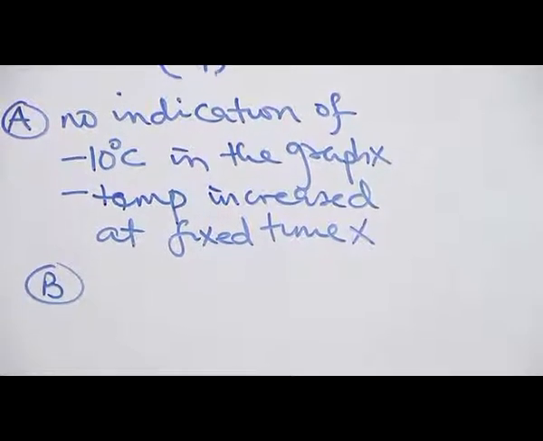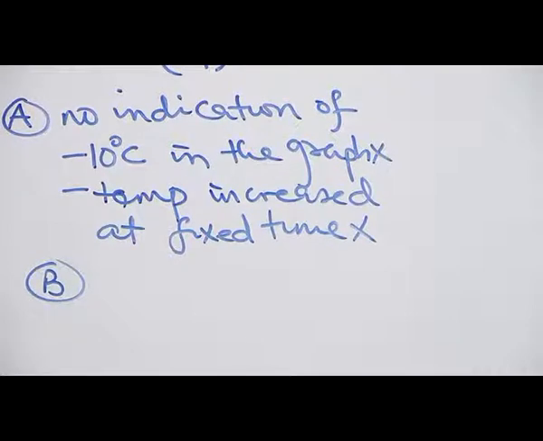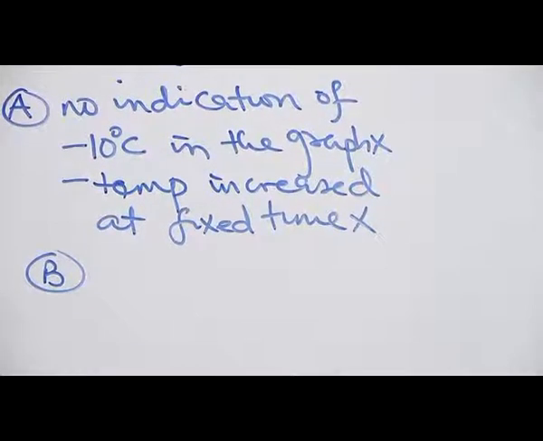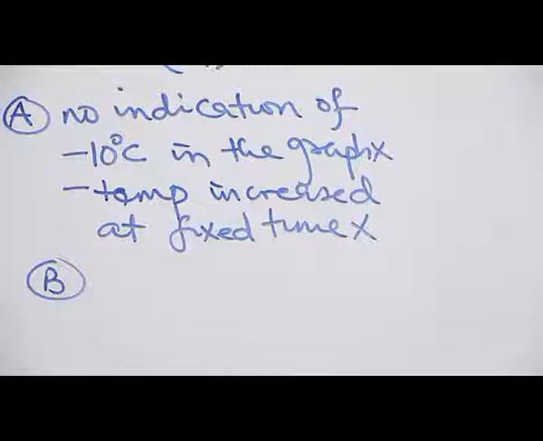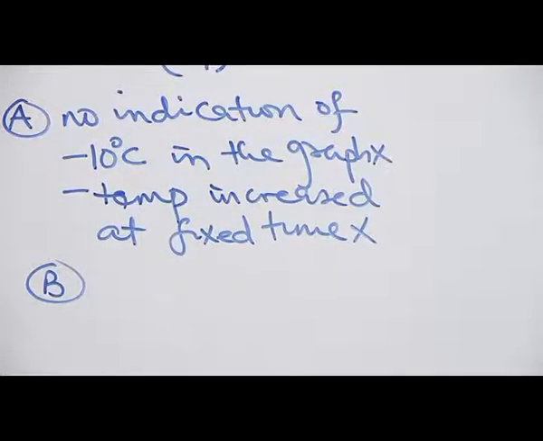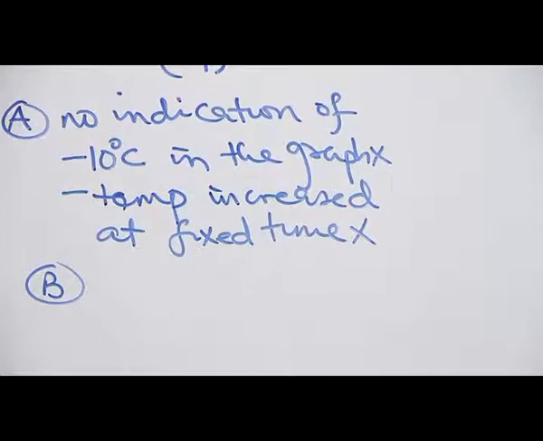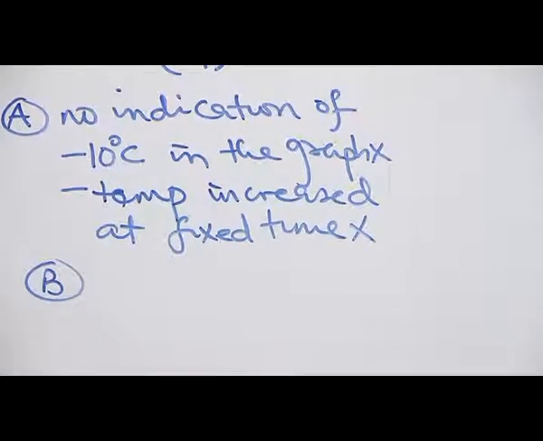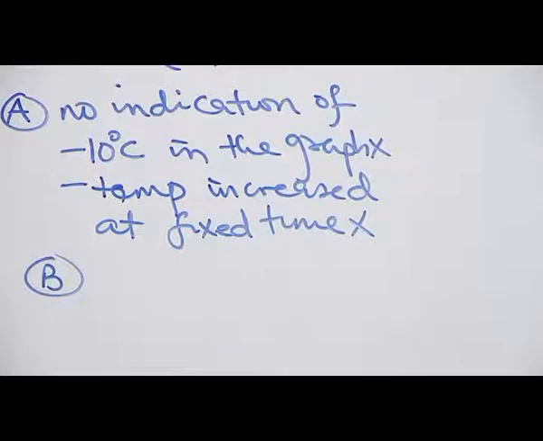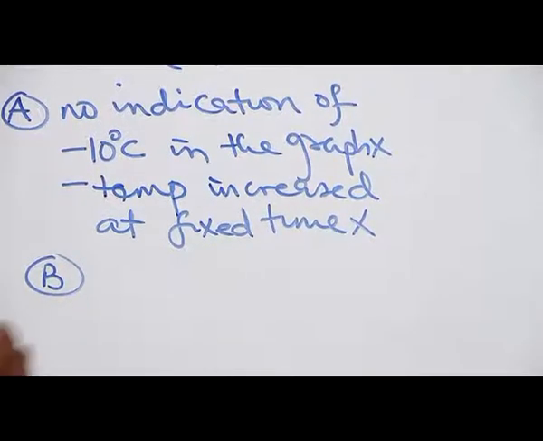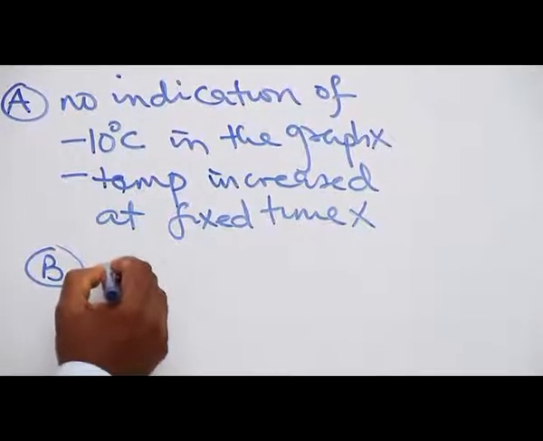In option B, the graph started at a low temperature, below 0 degrees Celsius, but the temperature increased indefinitely. The transition temperature where the ice melted and formed water was not given. Therefore, graph B is wrong.